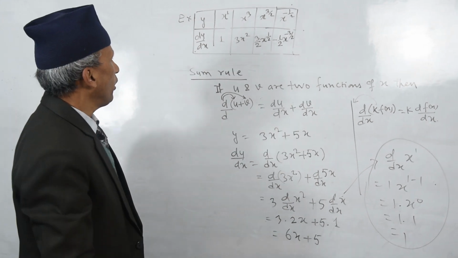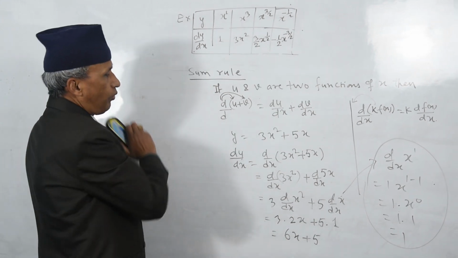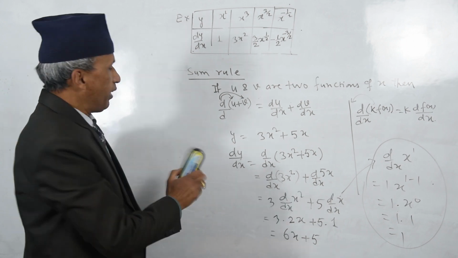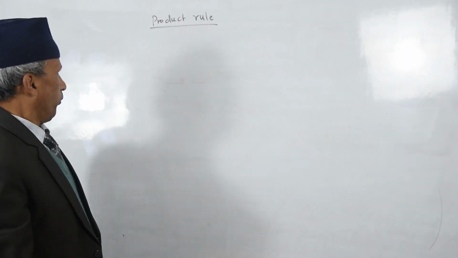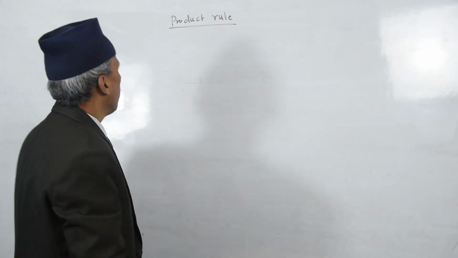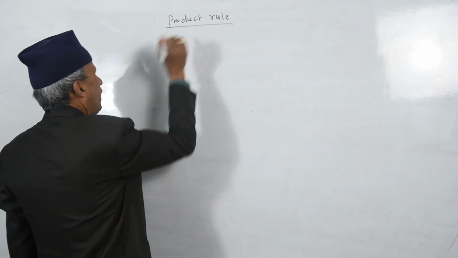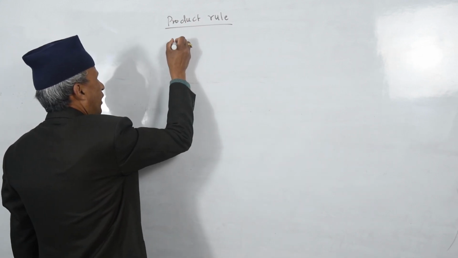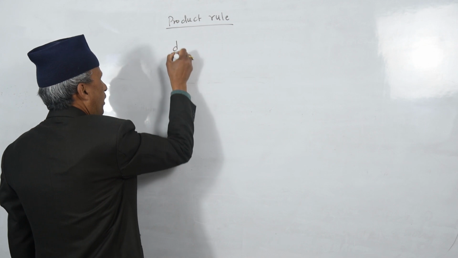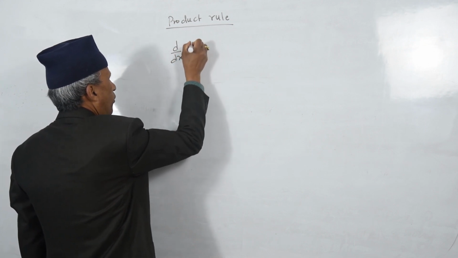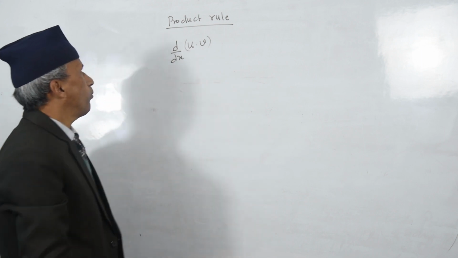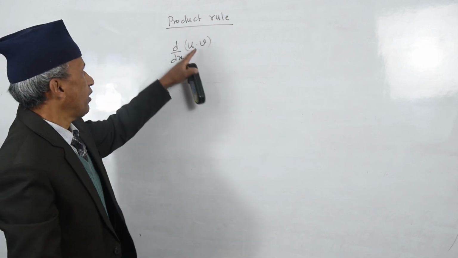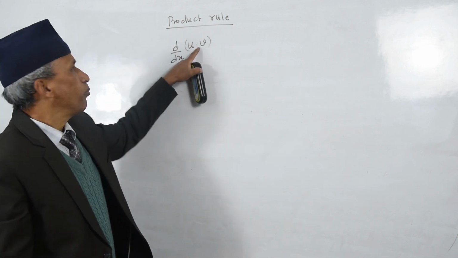So this is the sum rule. Now we move on to the product rule of differentiation. It says that the derivative of two functions multiplied together, u and v, is, by name, product means product, sum means addition.